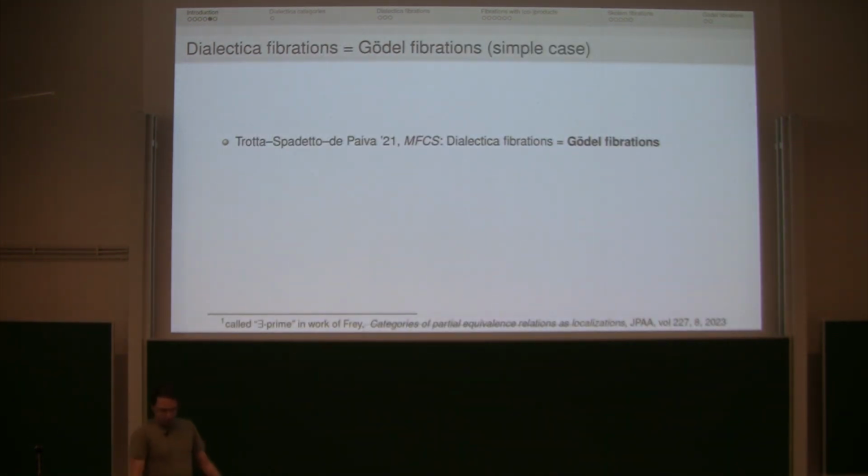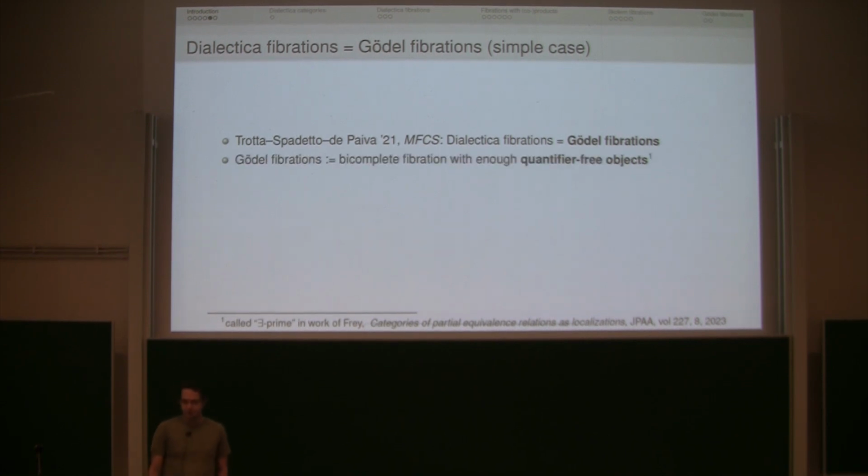So the work that I'm talking about today is a generalization of a project by Davide Trotta, Matteo Spadetto, and Valeria, where they introduced the notion of Gödel fibrations and showed that those coincide with dialectica fibrations.